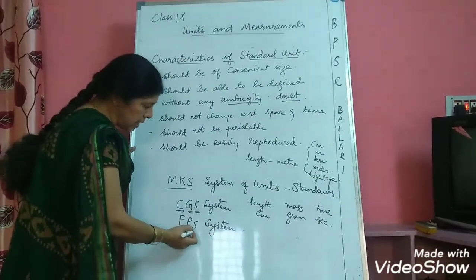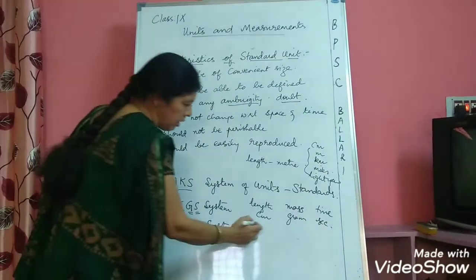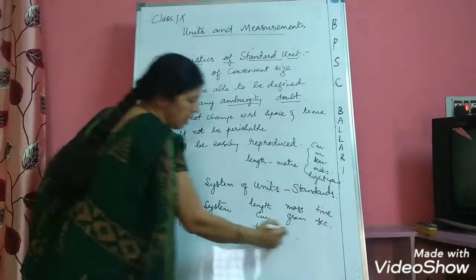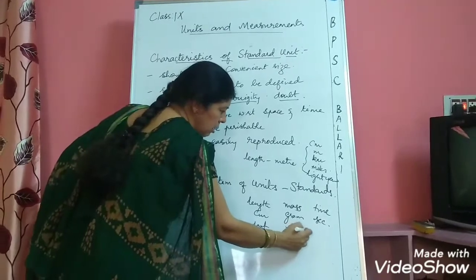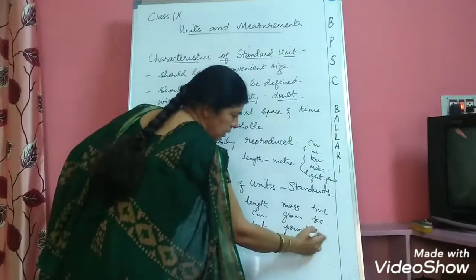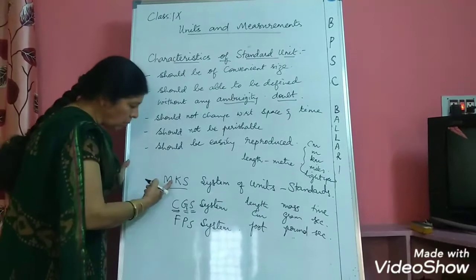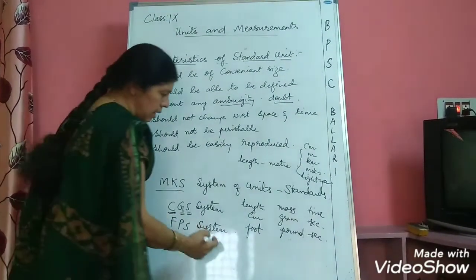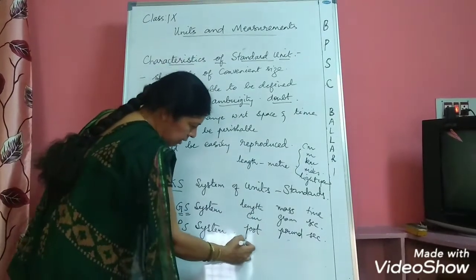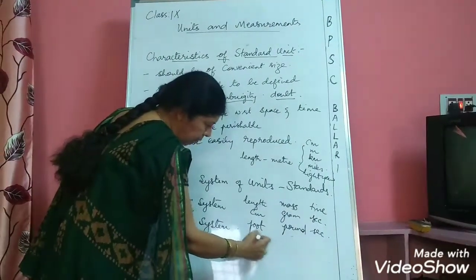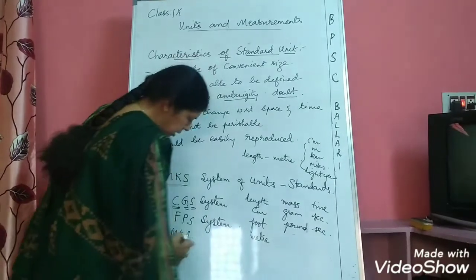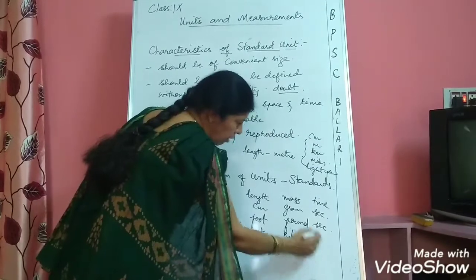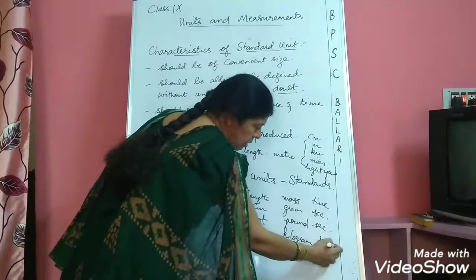Whereas if you take the FPS system, the length is measured in foot, the mass is measured in pound and the time is measured in second. Now one more system of units is the MKS system. According to this system, we measure length in meter, mass in kilogram and time in second.